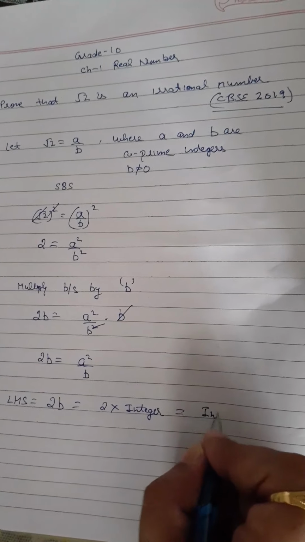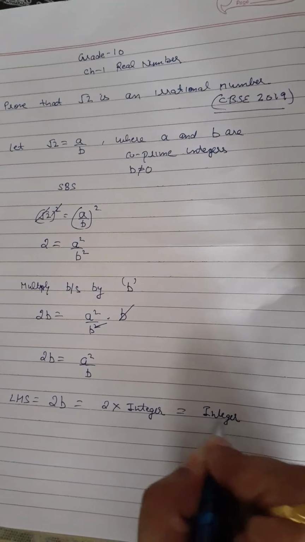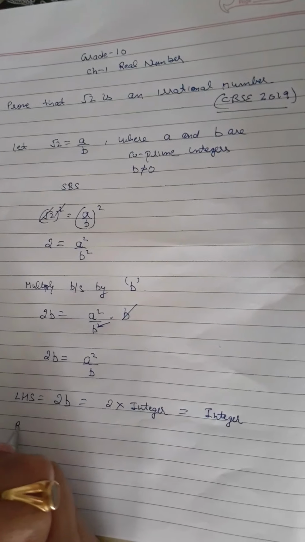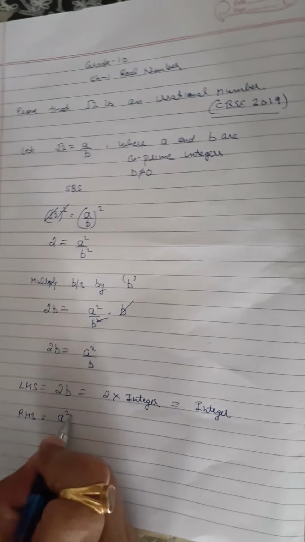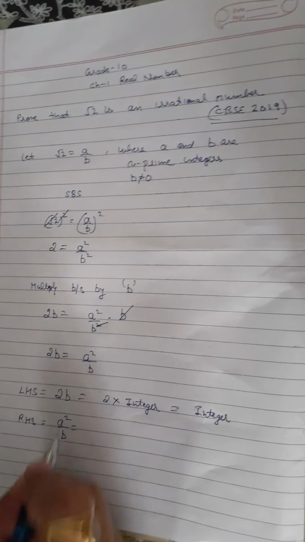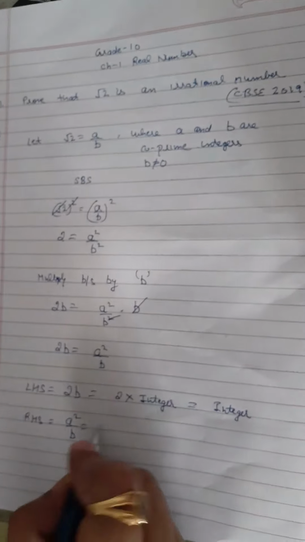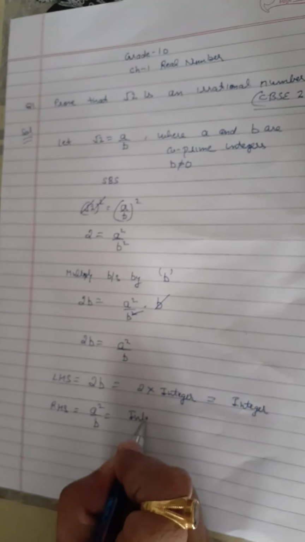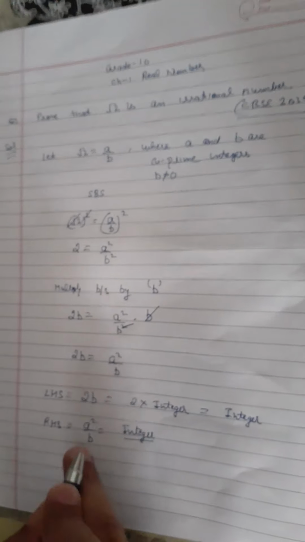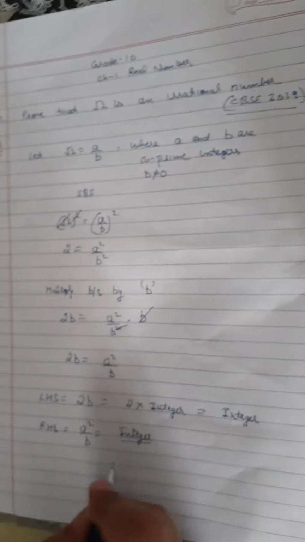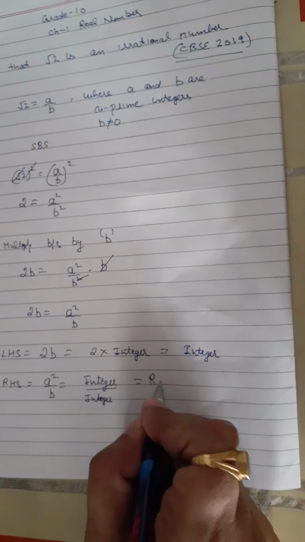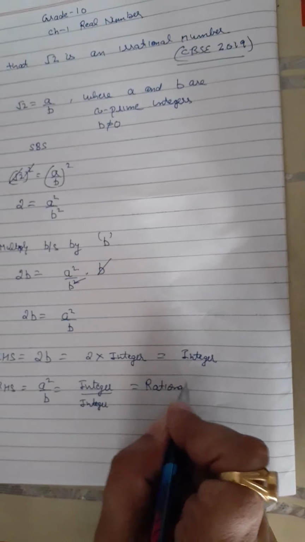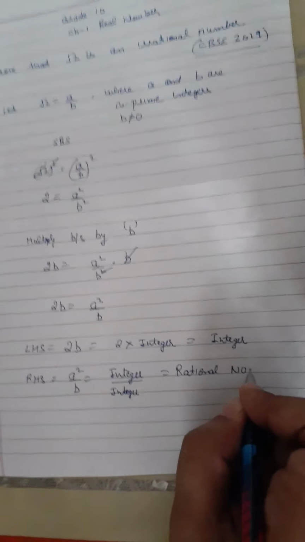So integer multiplied by integer, the answer will be an integer. On the right hand side you have a square upon b. a is your integer. Integer square is an integer. Okay, and b is also an integer. Integer upon integer. We know that integer upon integer is a rational number. It is a rational number.